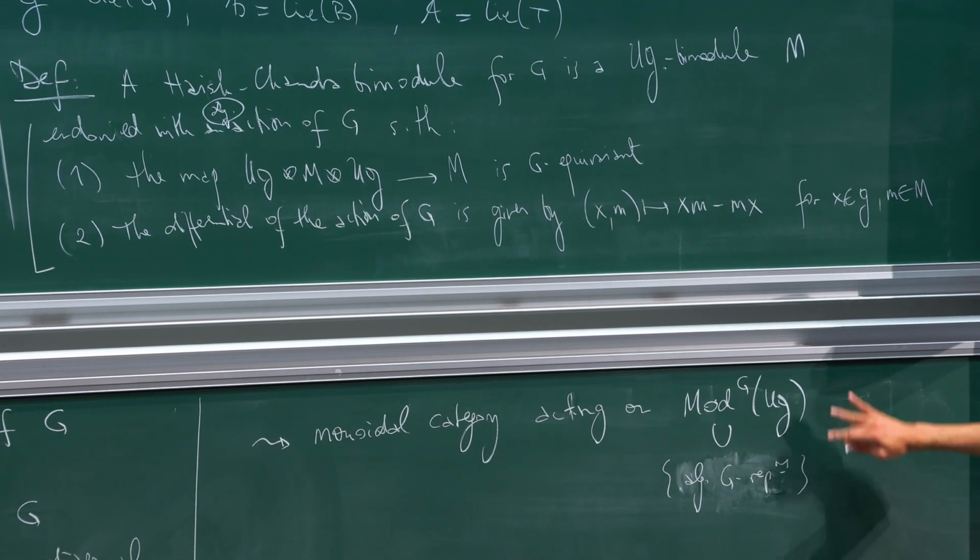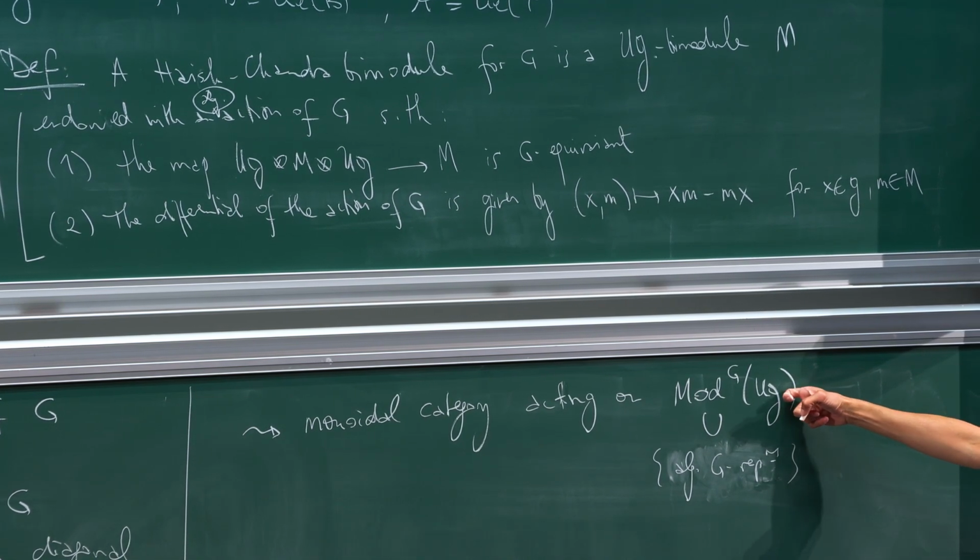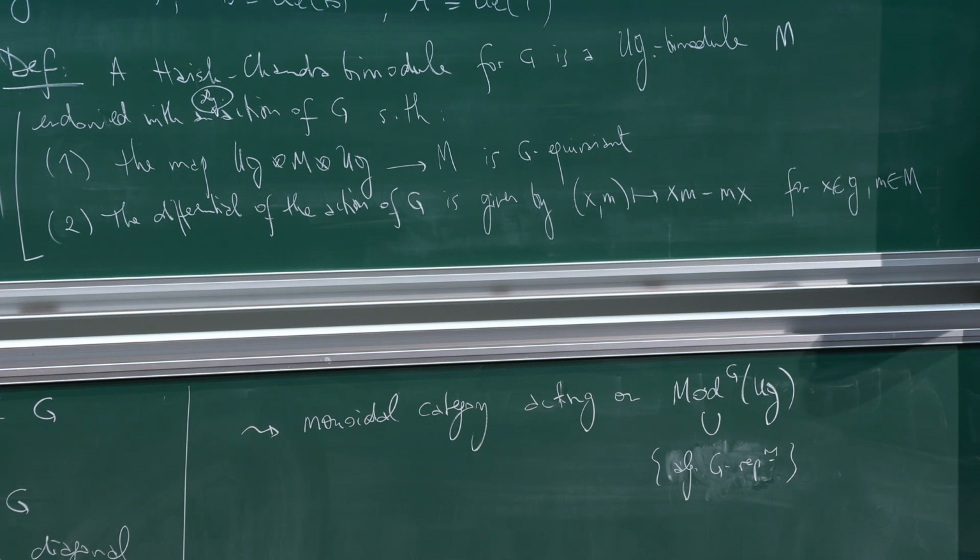Again, I see a G representation as a G-equivariant UG module where the action of the Lie algebra is just the differential of the group.